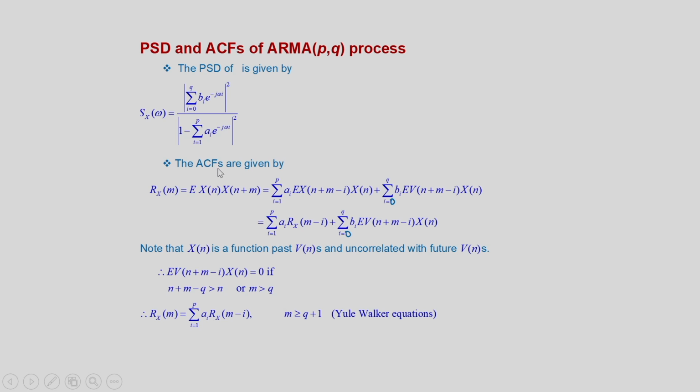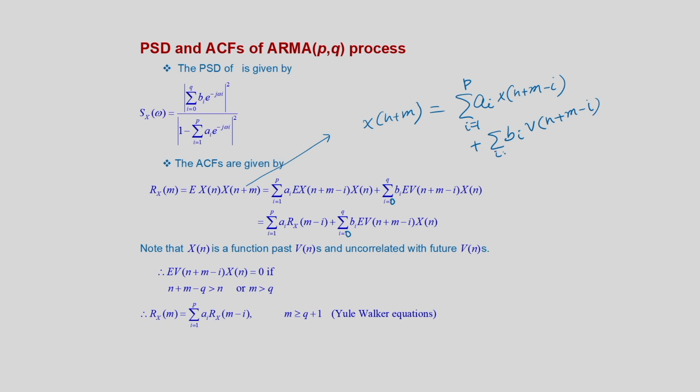The ACF of x[n] is given by R_x[m] equal to E of x[n] into x[n plus m]. Now, we can write x[n plus m] as the summation of a_i x[n plus m minus i], i going from 1 to p, plus the summation of b_i v[n plus m minus i], i going from 0 to q.